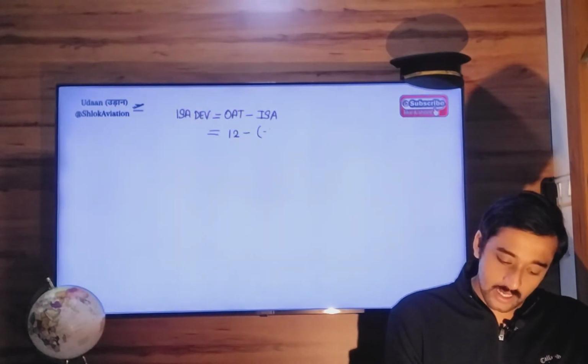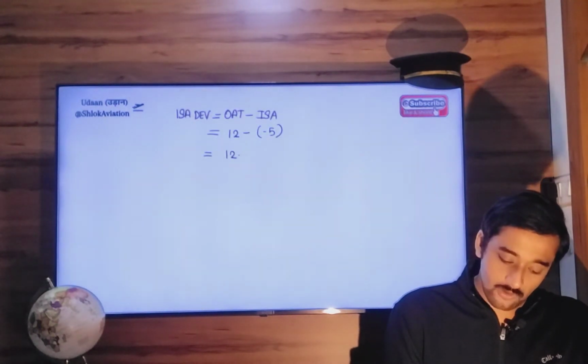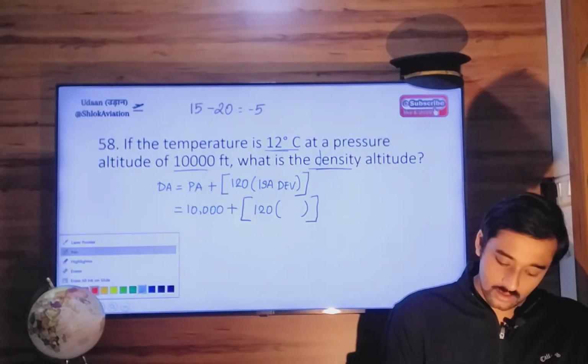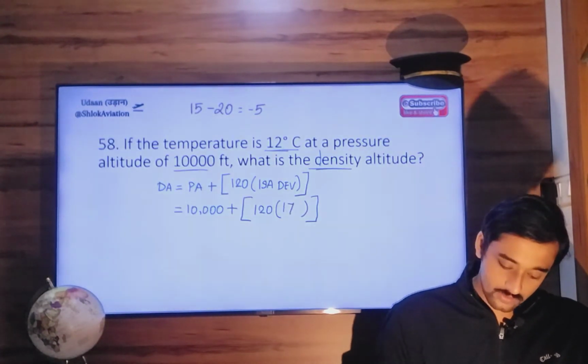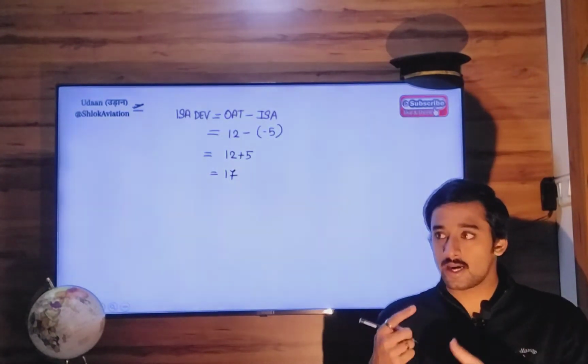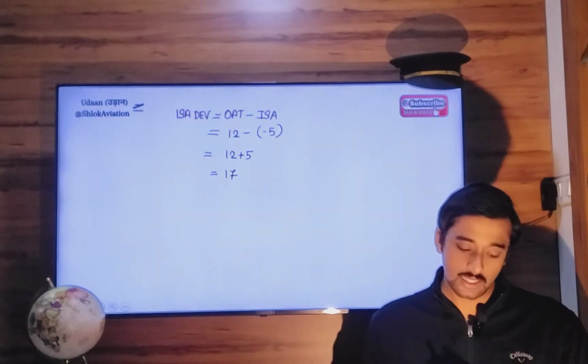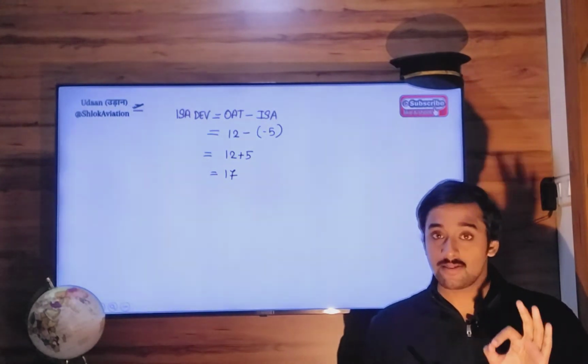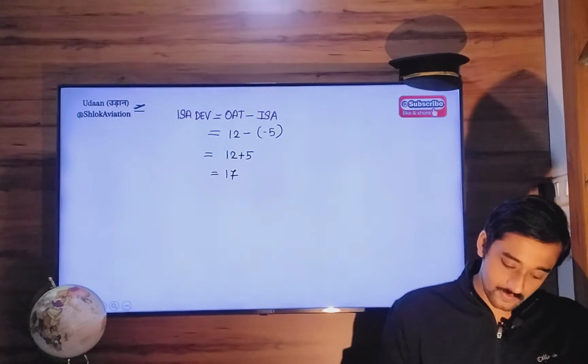So 12 minus of minus 5, that is plus 17. That means the current outside temperature, the ambient temperature, is warmer than ISA by 17 degrees Celsius.